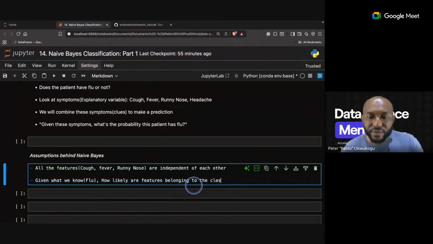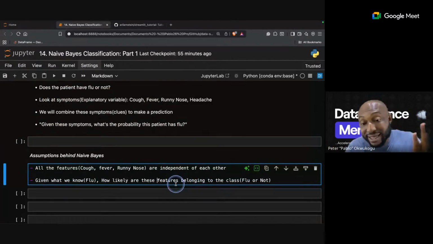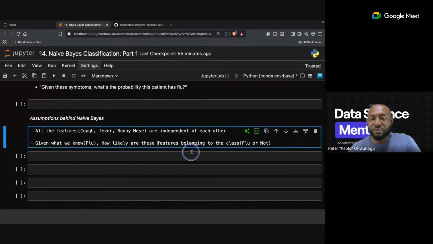Now, when we say the class, we're talking about the class of flu or not. Given what we know, which is the flu, how likely are these features belonging to the class, flu or not? I'm not a master in the English thing, but look at this.